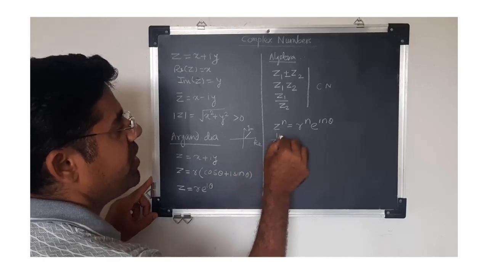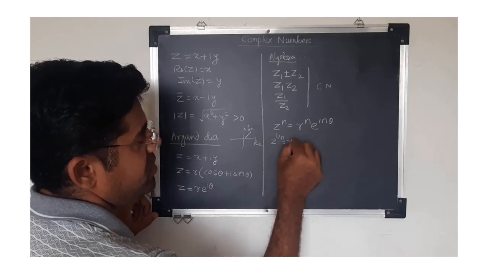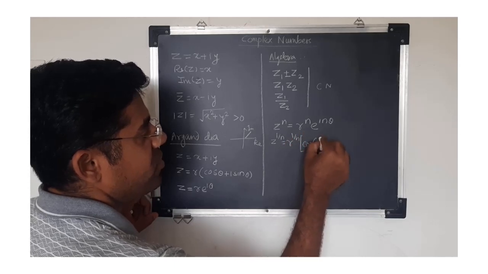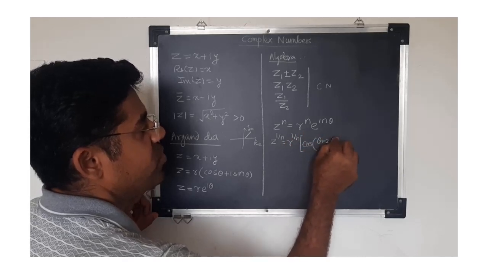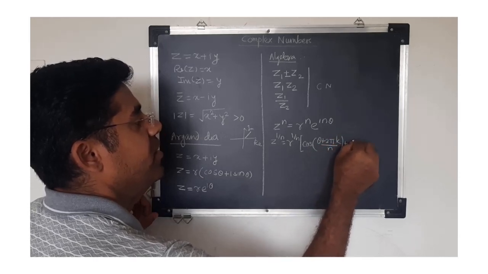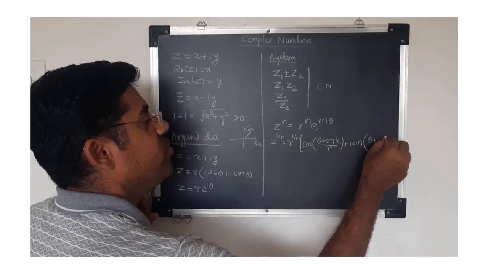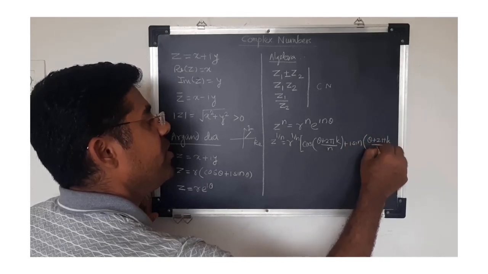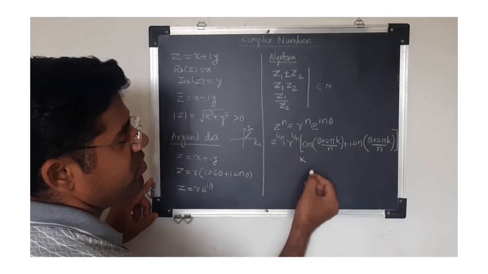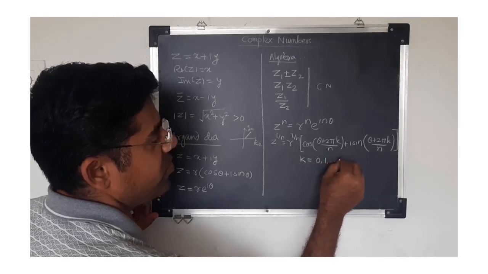Suppose you want to find the nth root of a complex number, then this is r raised to 1 by n times cos of (theta plus 2 pi k) divided by n plus i times sine of (theta plus 2 pi k) divided by n, where k is a positive integer running from 0, 1, 2 up to n minus 1.